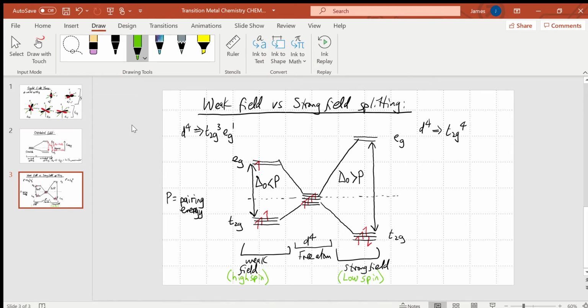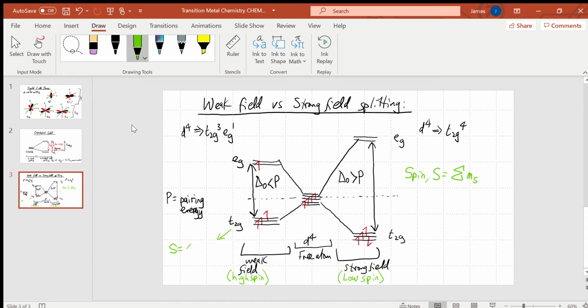So let's see the origin of this low and high spin. Let's say spin S is the sum of all of the spins of each individual electron. If we look at the spin for the weak field case, we've got 3 electrons all pointing up, and then a 4th electron pointing up.